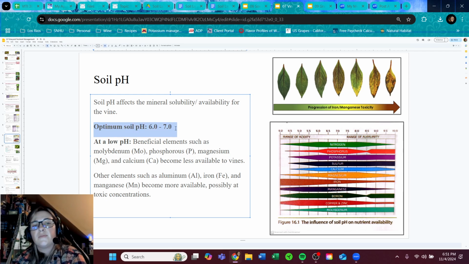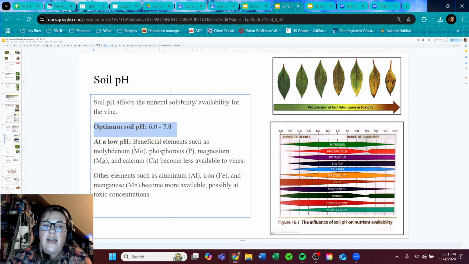Just knowing the optimum pH and also being able to comprehend and tell me that depending on the pH, different levels of these nutrients become more or less accessible, and sometimes they reach toxic levels depending on the pH, right?